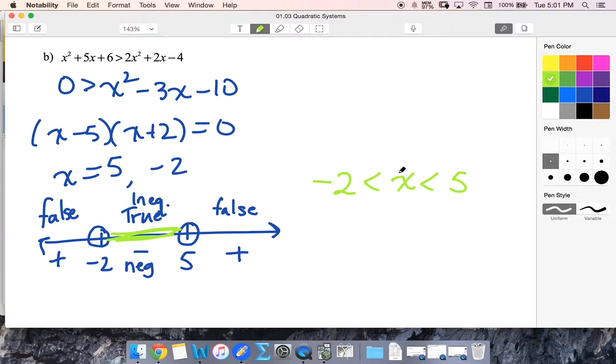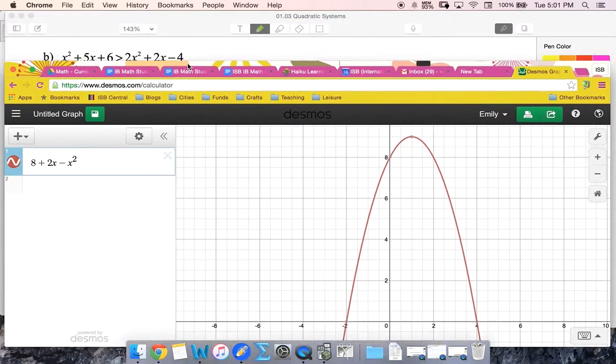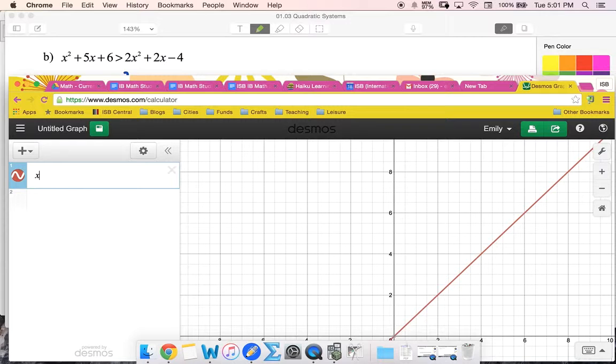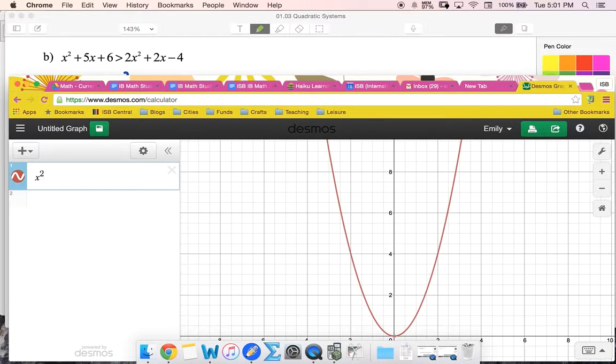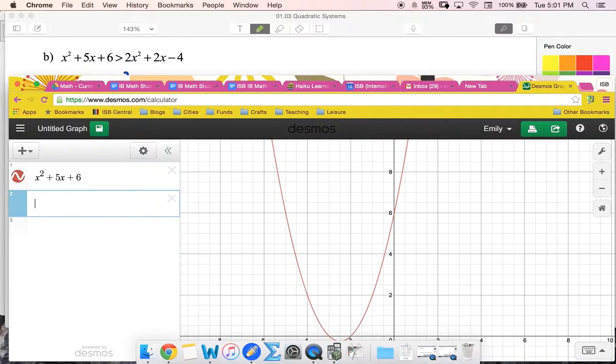And if I wanted to look at this on Desmos, I could look at these two separate graphs. So let's do that just as a last thing to look at. Looking at my two separate graphs here, one of them is x squared plus 5x plus 6, and the other one is 2x squared plus 2x minus 4.